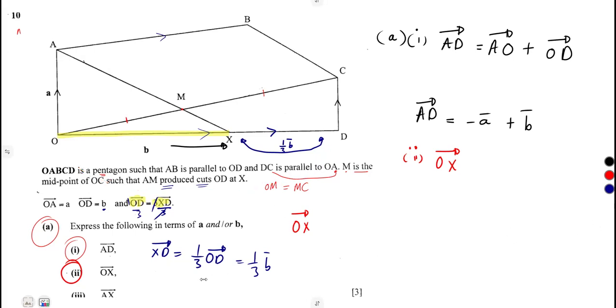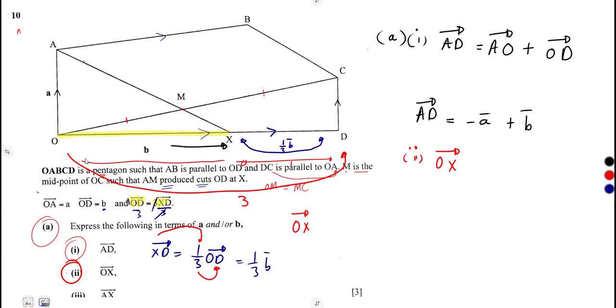If we analyze properly here, remember what I said, XD is the numerator, 1 part, and the denominator is 3, multiplying vector B. So XD is 1 part, then the 3 represents OD. So OD has 3 parts, whereas from X to D, we have 1 part.